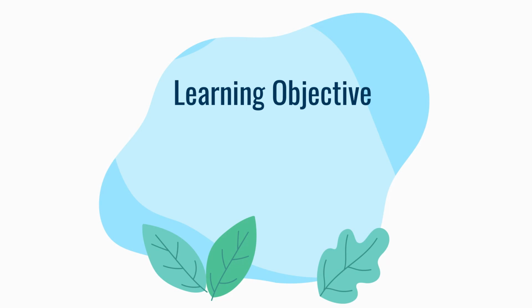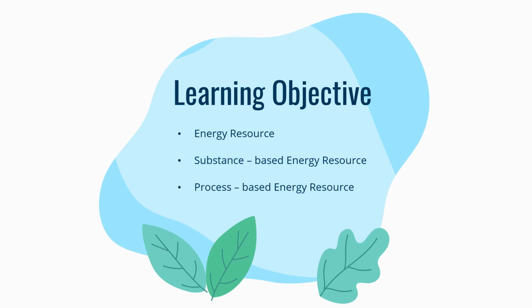In this chapter, we are going to look at what is energy resource, the different types of energy resources, and how it is divided into substance-based energy resource and process-based energy resource.